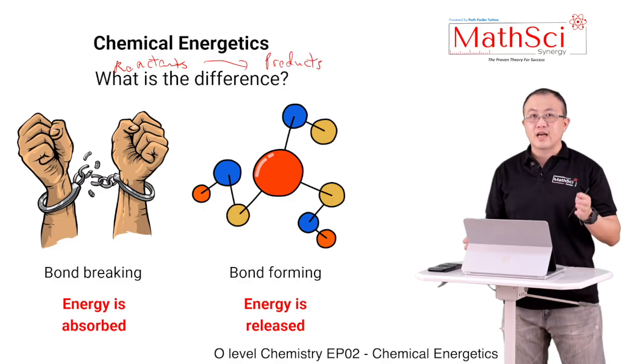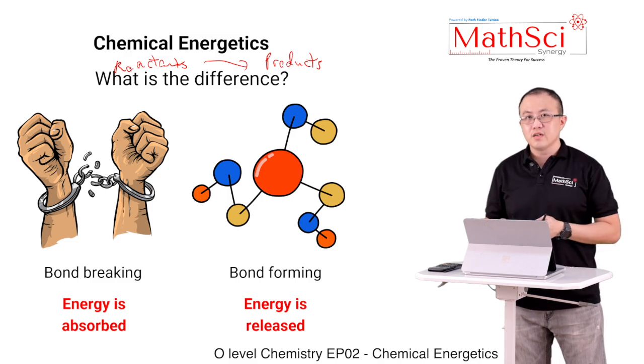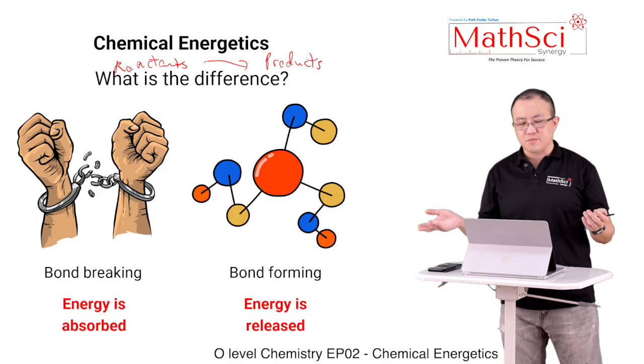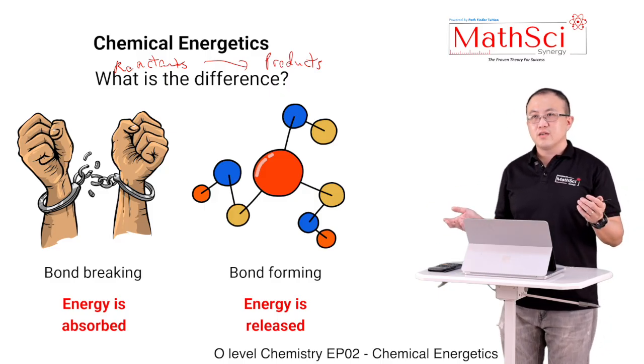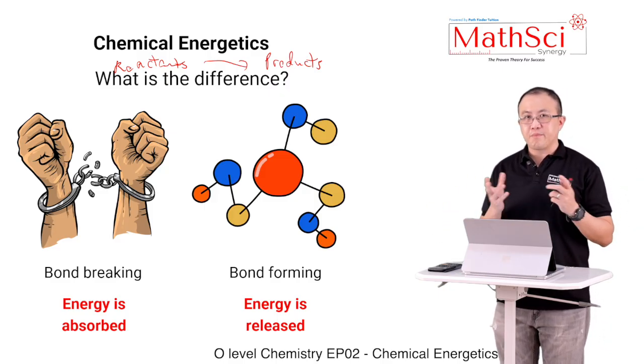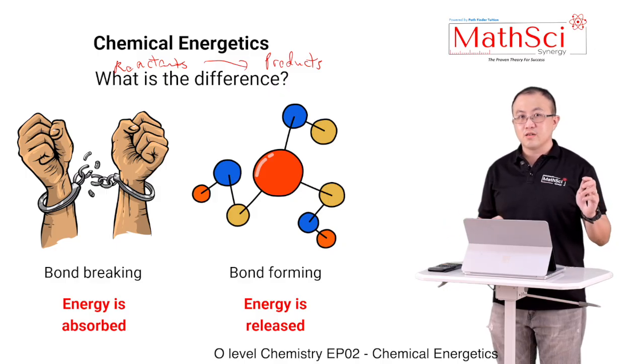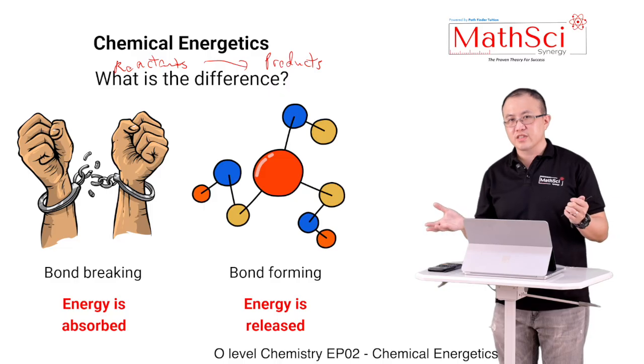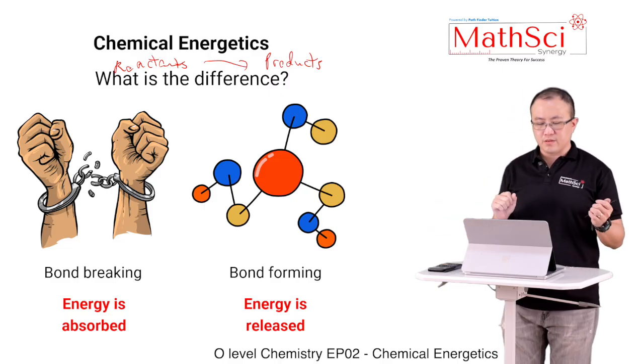Any student who has been learning chemistry up to this point should already understand reactants and products. At the end of the day, we don't just stop there and say that it happens. We want to know whether it can happen, and when it happens, what the consequence will be.